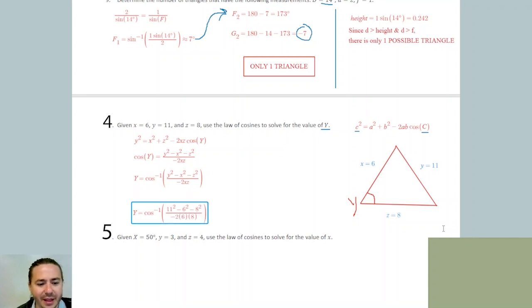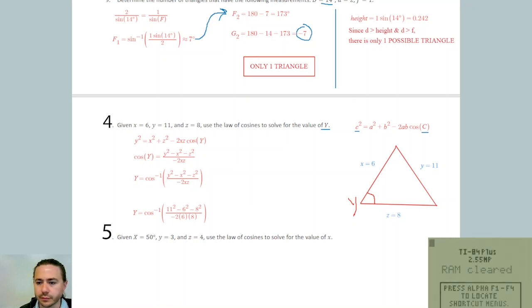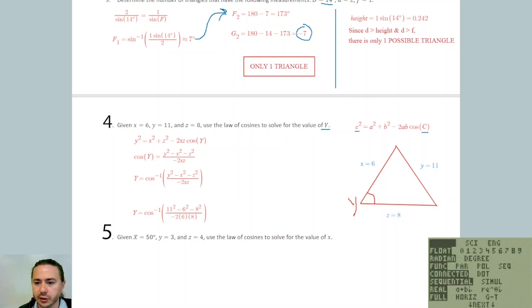Now we're going to go ahead and plug that into the calculator and make sure that we are in degrees, and we should be good to go here. We want the inverse cosine, not cosine. Let's make sure, yep, the calculator tends to reset itself here, this little emulator we got going.